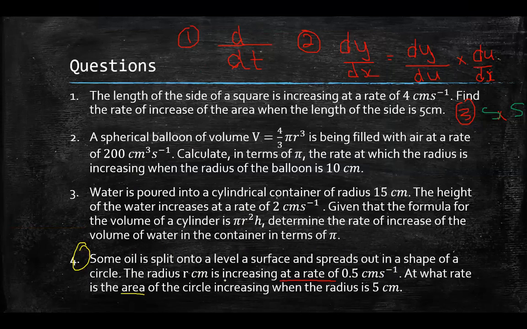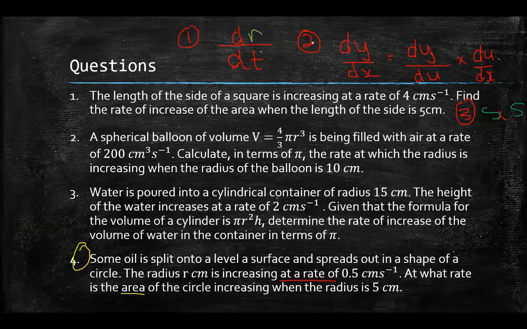So r would go here. This is dr/dt, which is 0.5 centimeters per second. The units make sense because r is measured in centimeters and time in seconds, giving centimeters per second.